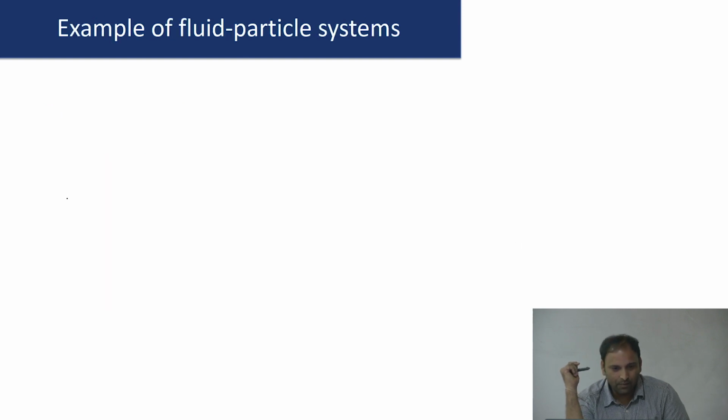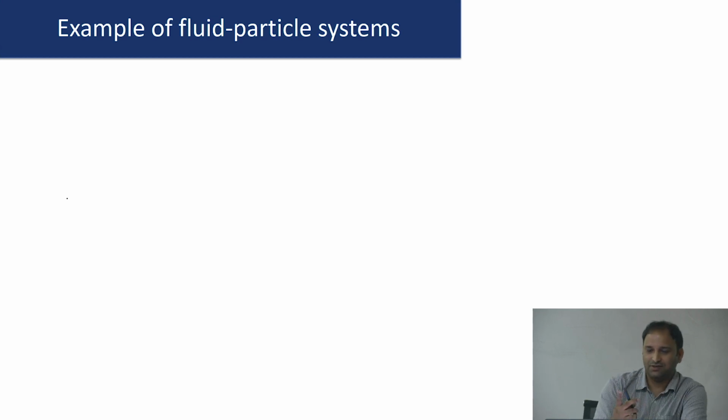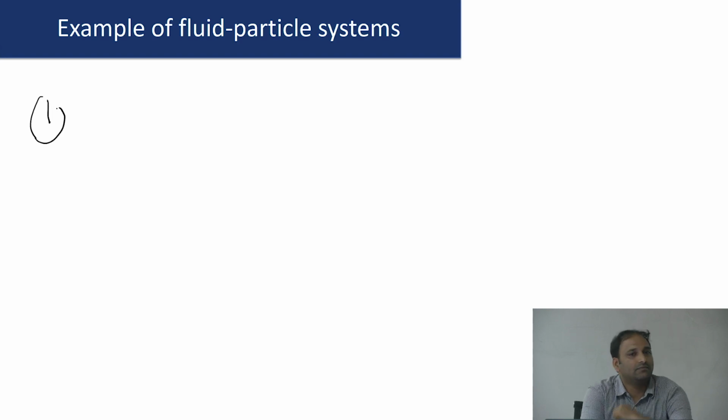Okay, any examples of fluid particle systems you know of? Some examples that I just want to list, different fluid particle systems that you know. I'm sure all of you know this.